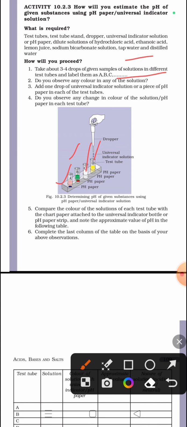With the help of color changes in all the test tubes, you can calculate the pH value of that substance with the help of the color shown by that substance.